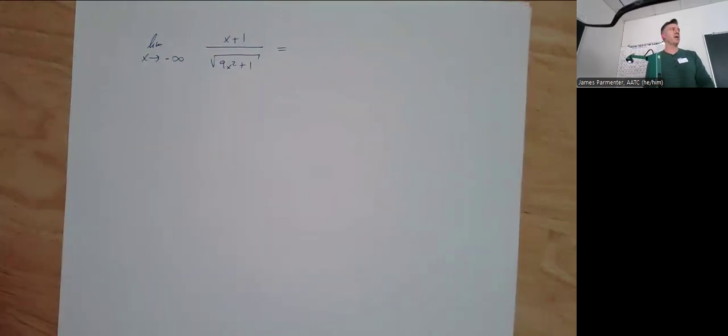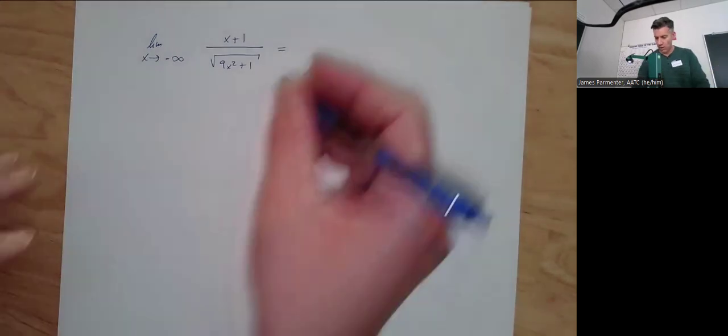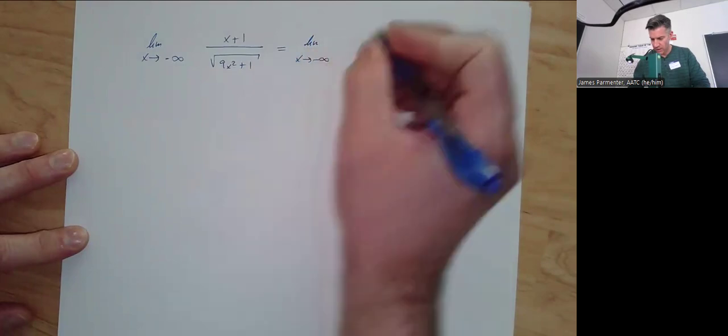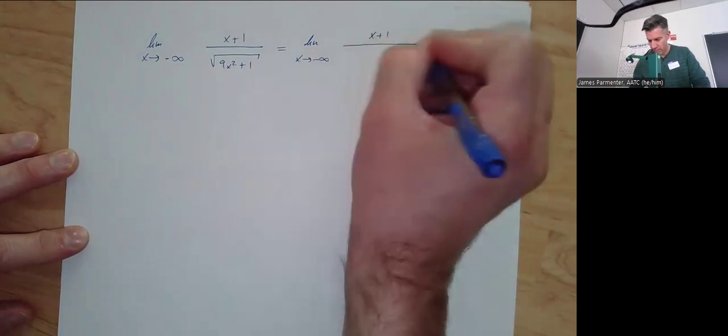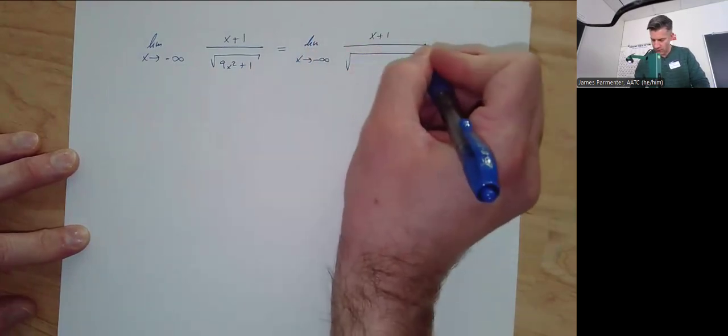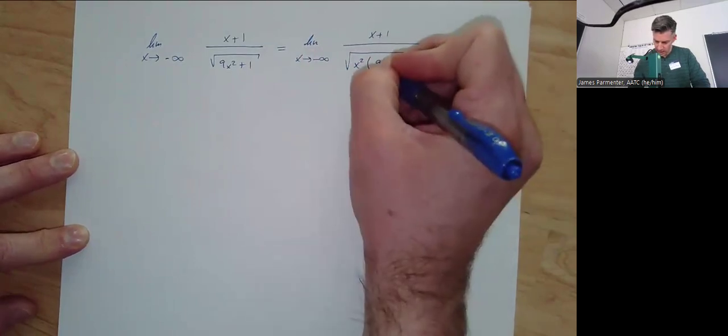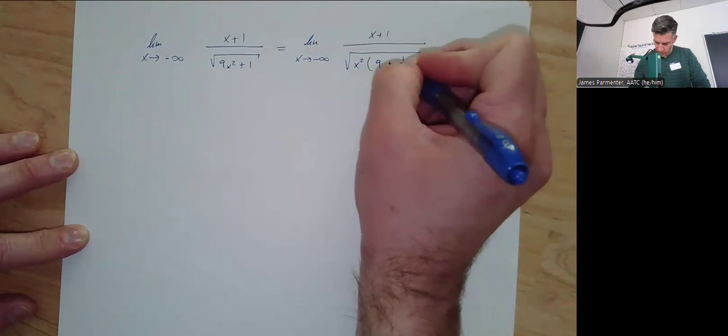I would say your best bet here is to factor out the x squared from inside the square root. That is usually the technique that we use. So I'm going to write this as the limit as x approaches negative infinity of x plus 1 divided by the square root of x squared times 9 plus 1 over x squared.